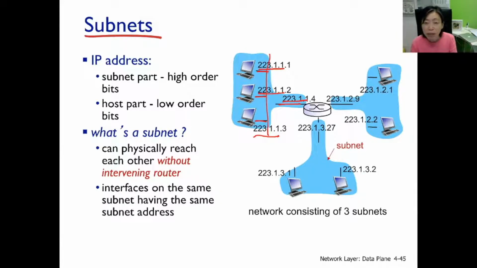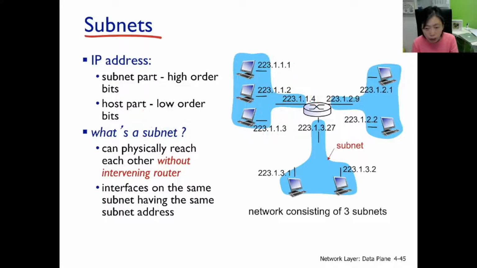Yes, those interfaces that are physically connected to each other belong to a subnet. So the first few numbers are called the subnet part of the IP address. And the last part, which is unique so we can separate the different interfaces, is the host part. Those are the bits to the right, the lower-order bits.